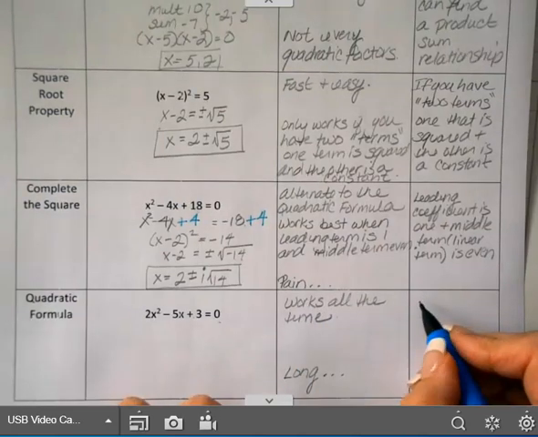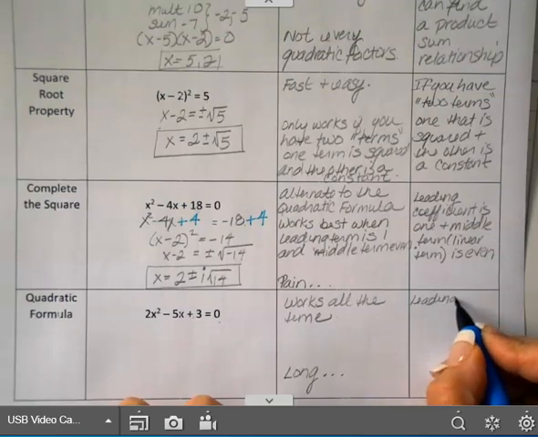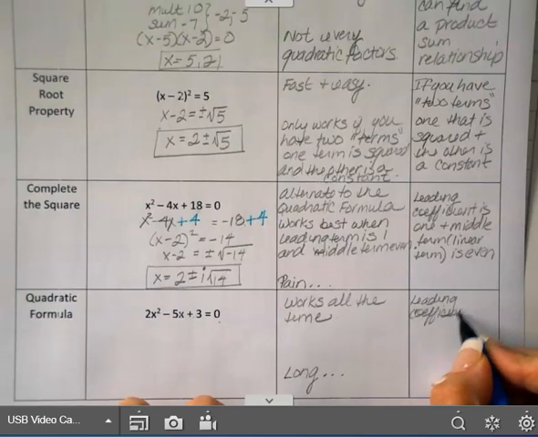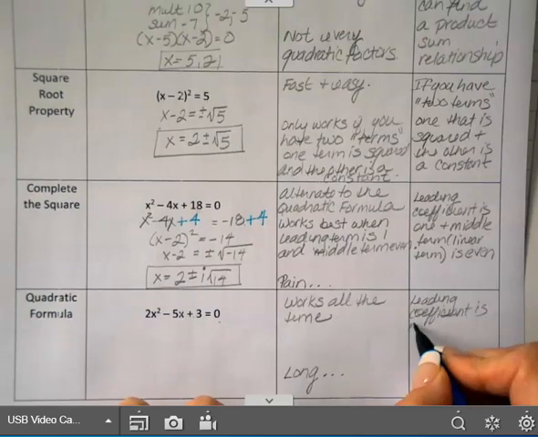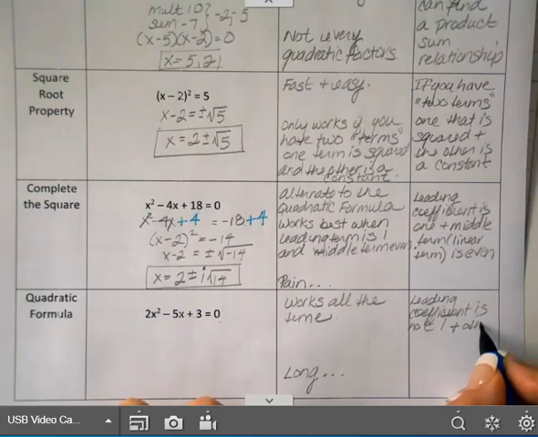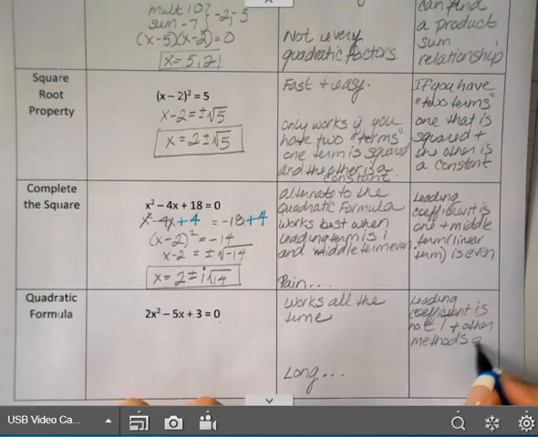And I would use this when the leading coefficient is not 1 and other methods do not work.